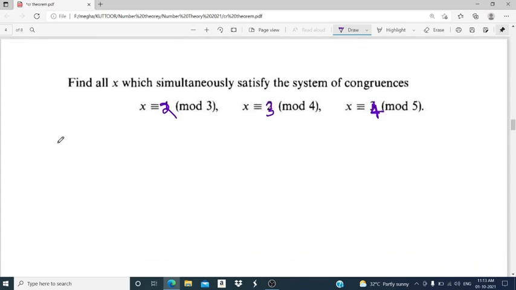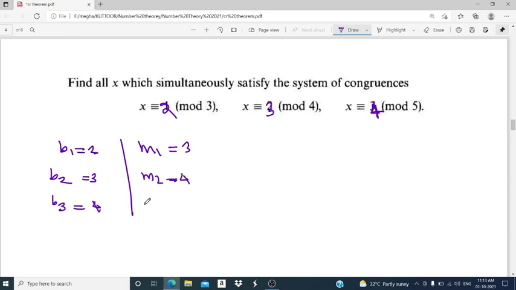So we take b1 equal to 2, b2 equal to 3, b3 equal to 4, and small m1 equal to 3, m2 equal to 4, m3 equal to 5.